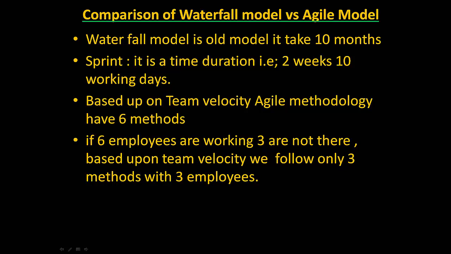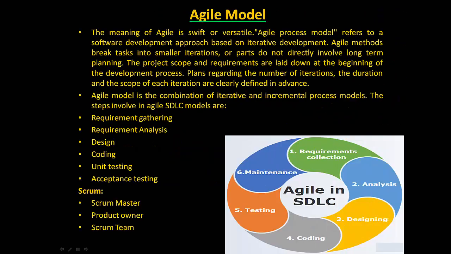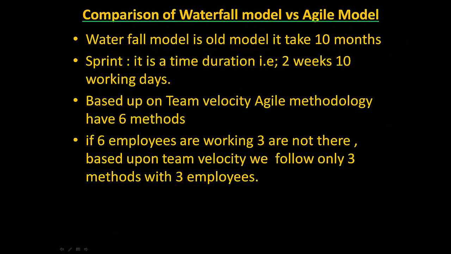Due to some problems they are not working. So for example, the employee size is 6 and 3 are not working, so only 3 members are there. Based upon team velocity, we follow only 3 methods among the 6 methods. Here, if you see, we have 6 methods. Based upon team velocity, we follow only 3 methods in order to develop and deliver the product to the customer.